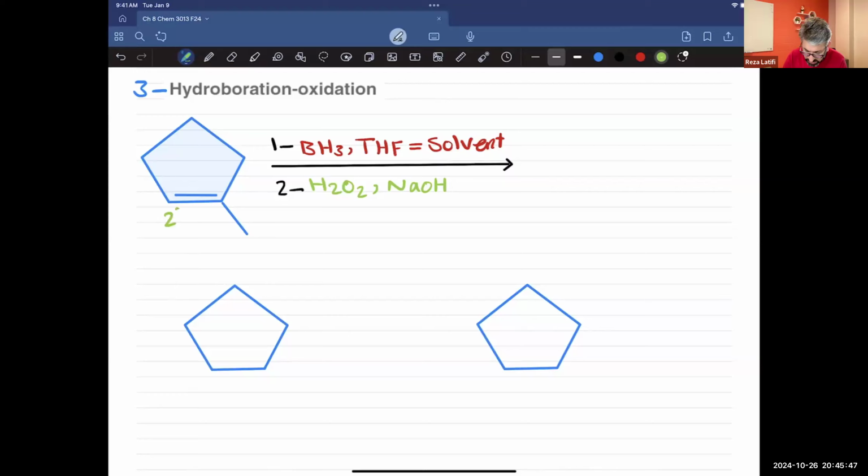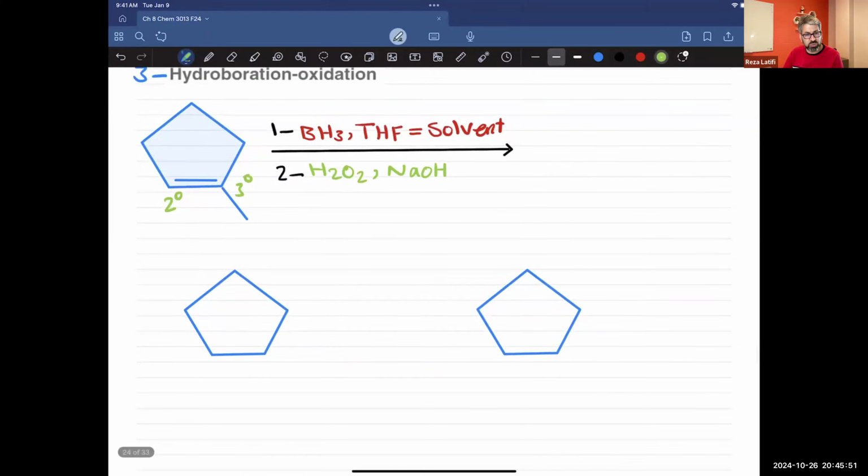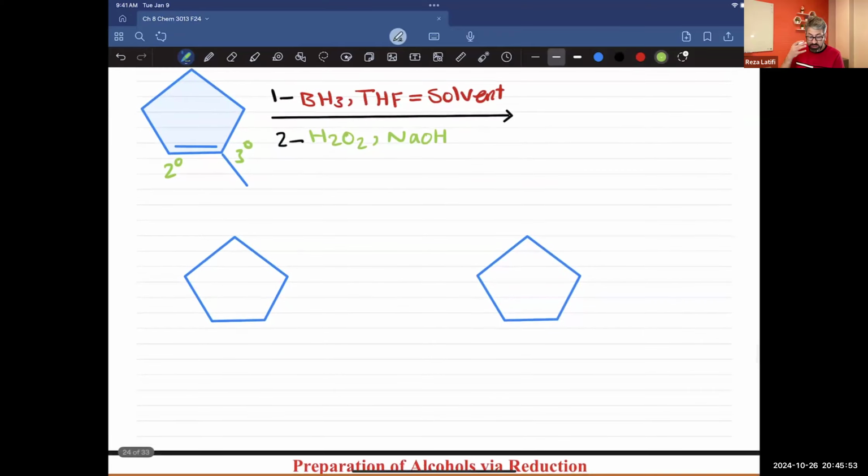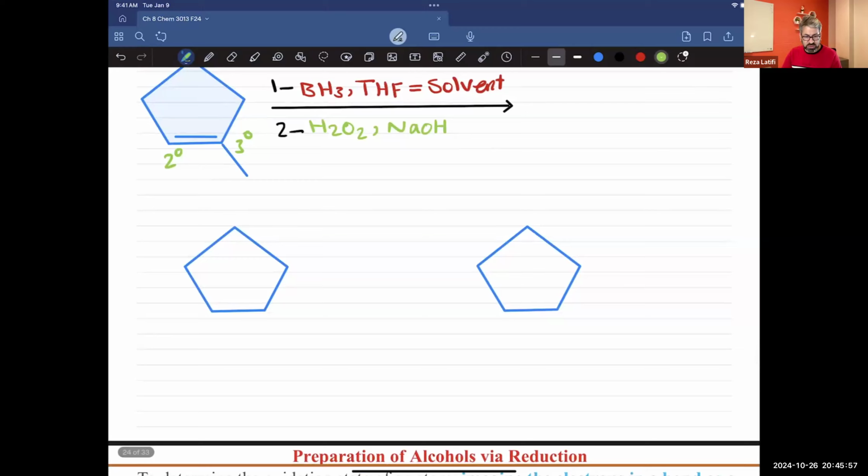We have a secondary, and here a tertiary carbon. The addition will technically happen in a way to get the alcohol on a carbon that has fewer substituents.